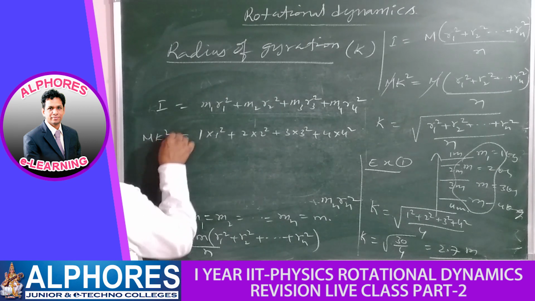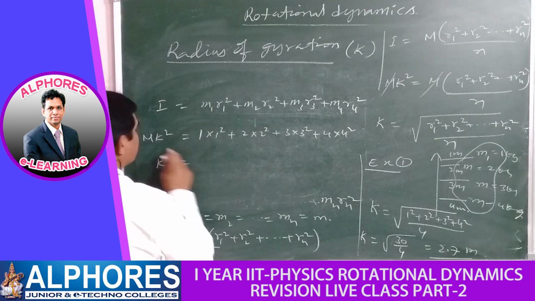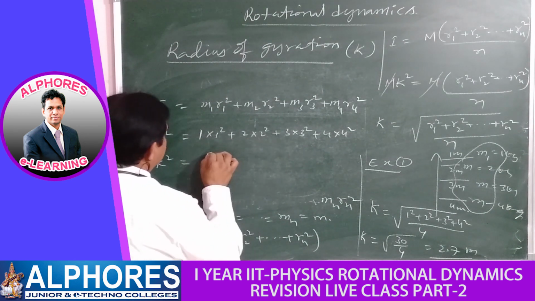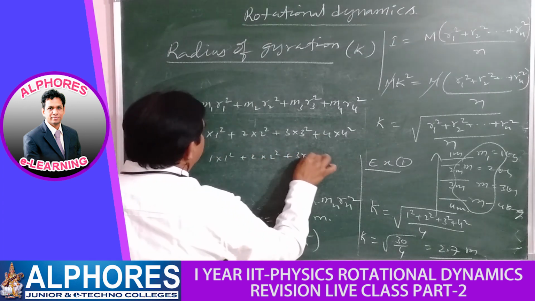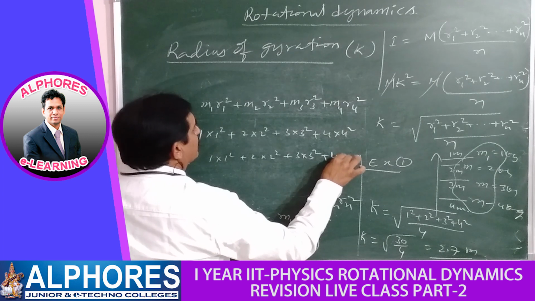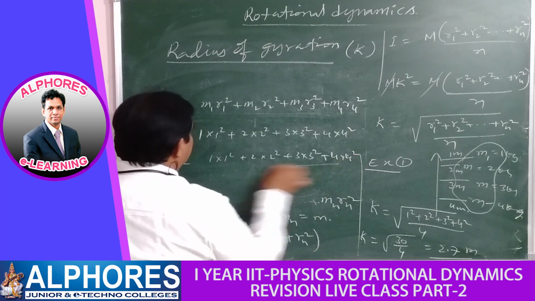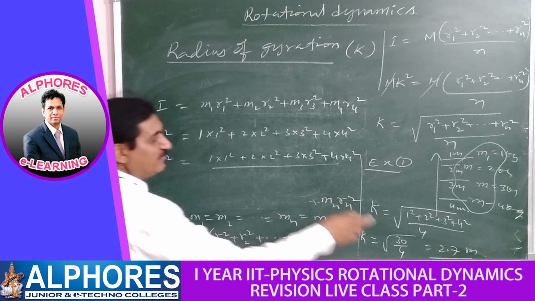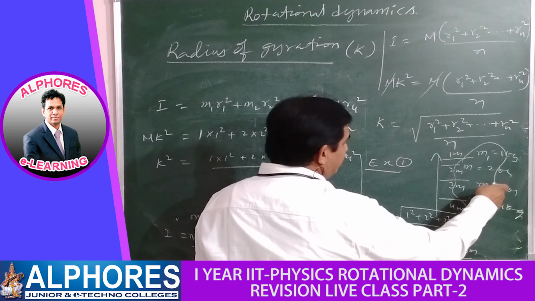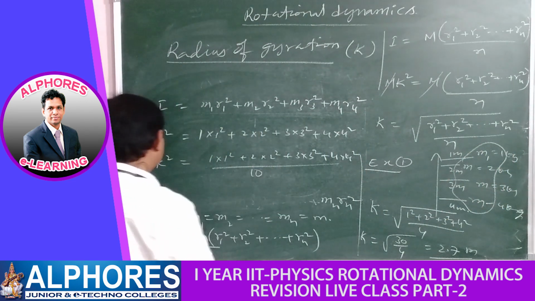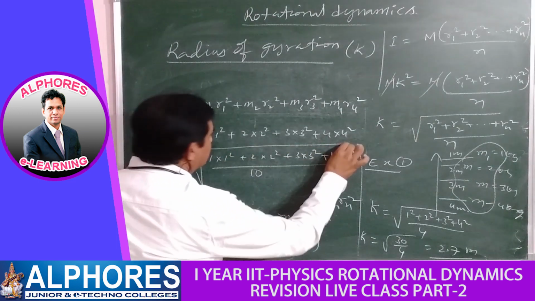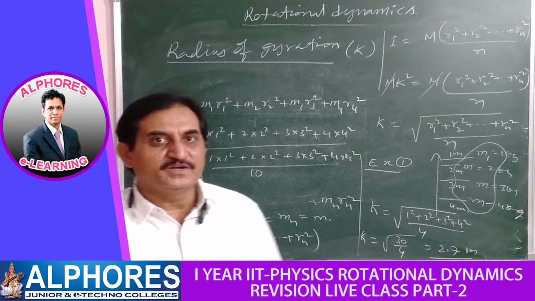Then M k square, so k square is equal to 1 into 1 square plus 2 into 2 square plus 3 into 3 square plus 4 into 4 square by the total mass. Total mass how much? 4, 3, 7, 7, 3, 10. By simplifying this, you will get the radius of gyration.